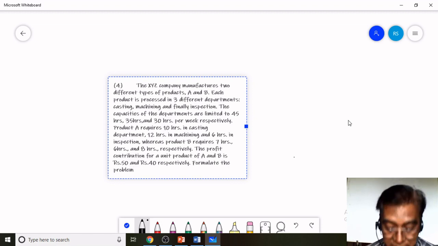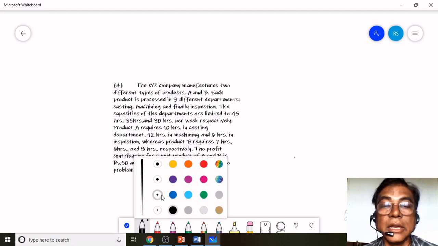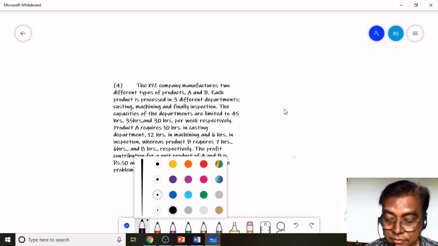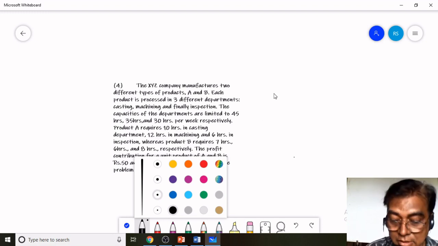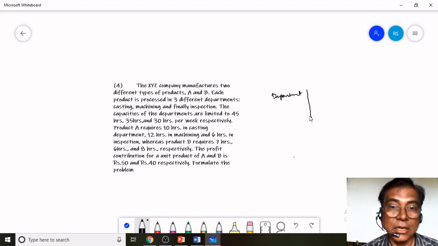So how many departments are there? Three departments. First of all, you have to write like this. First write down department-wise.